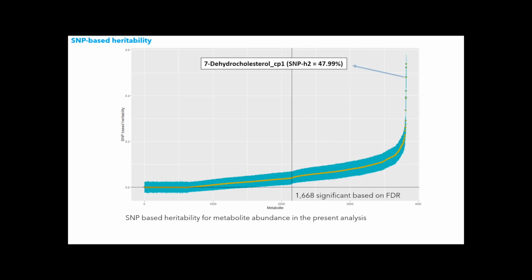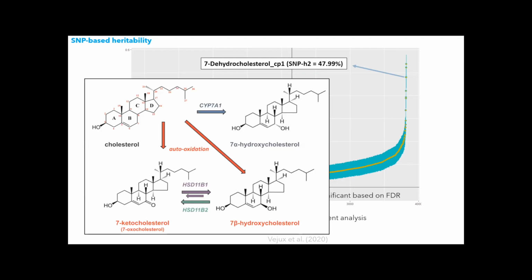I'm going to talk specifically about this metabolite. This is a representation of the compound 7-dehydrocholesterol. This specific compound showed a heritability of 47.9%. And inside those regions, those QTLs that were associated with this specific metabolite, we identified a number of CYPs.